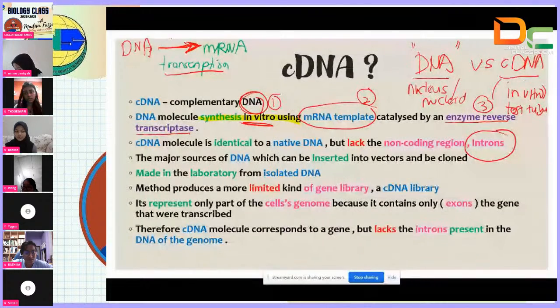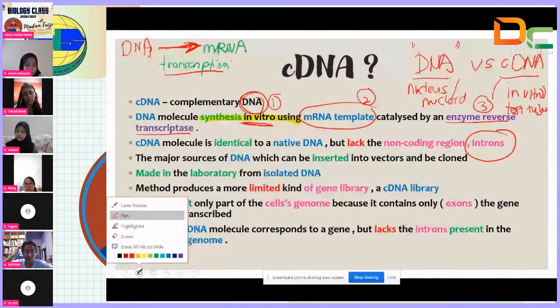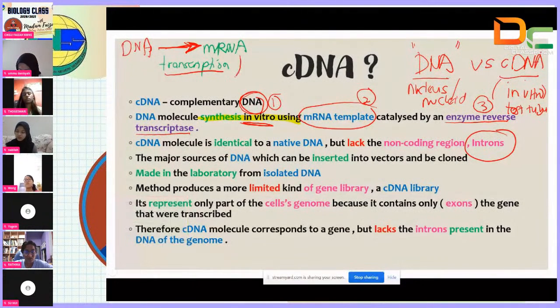When you search for a diagram to support the central dogma concept, you will notice there is an arrow that goes back to DNA. There is a diagram showing mRNA can go back to become DNA. So this is where you apply the concept.